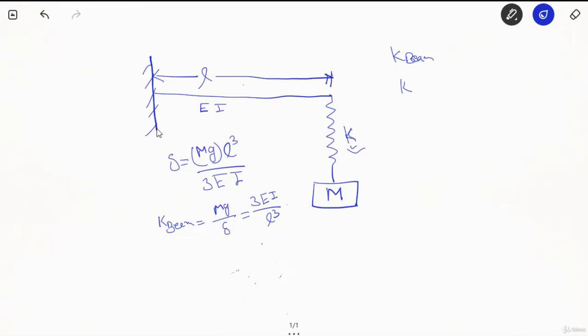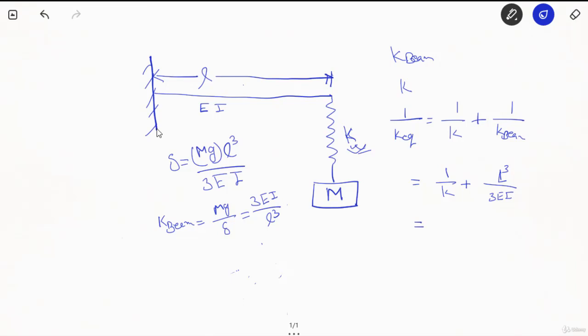Now, as I said, this is a series arrangement. So the K equivalent of the system is 1 upon K of this spring plus 1 upon K beam, right? Putting the values in this equation, we will have 1 over K plus L cube divided by 3EI, right? So far so good.